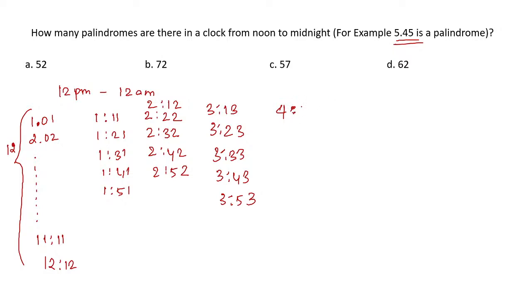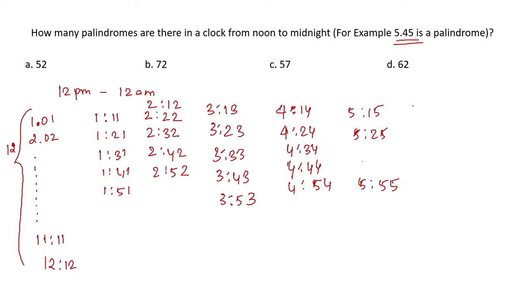You will have 4:04, 4:14, 4:24, 4:34, 4:44, and 4:54. I'm just writing everything just for you to understand. But if you can understand, then you can directly add it and give the answer. So 5:05, 5:15, 5:25, 5:35, 5:45, 5:55.